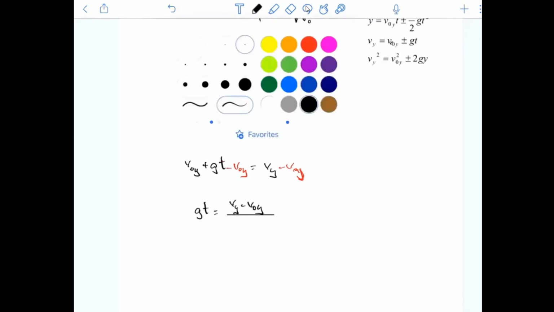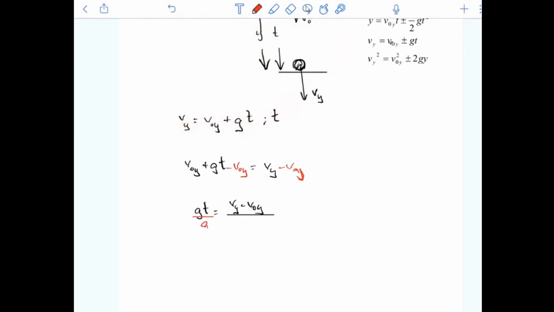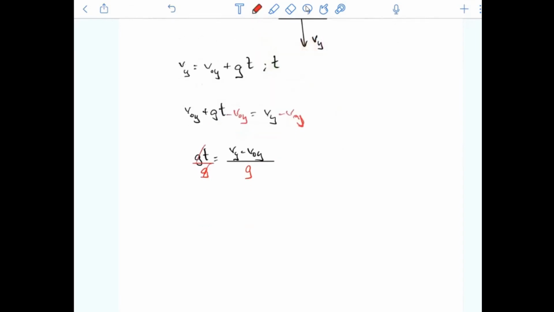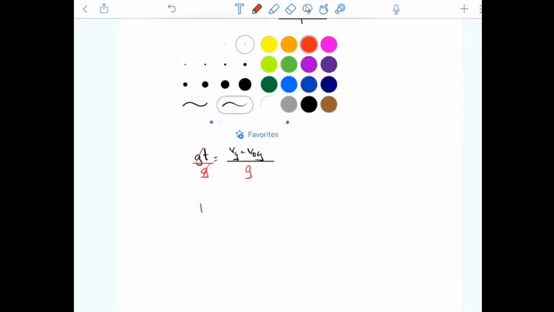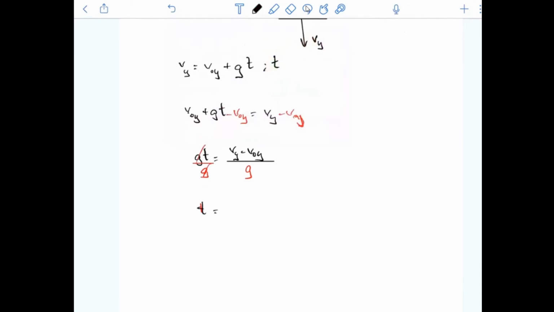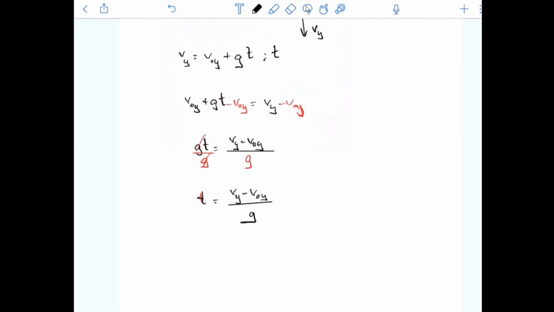And we can just get rid of g from both sides, and then we are done. So this is as far as we go right now. So now let's stop. t is isolated on the left-hand side.